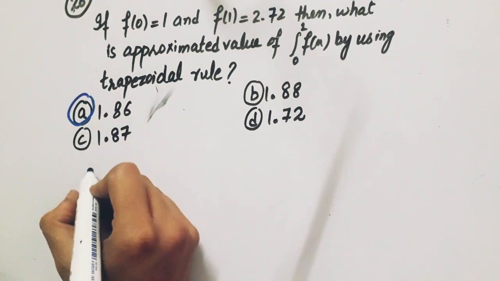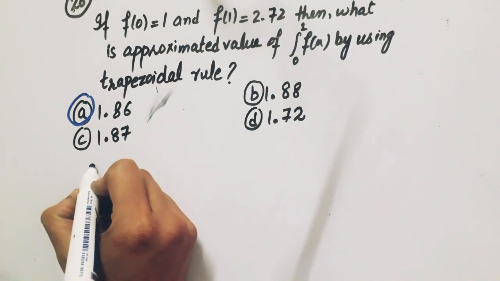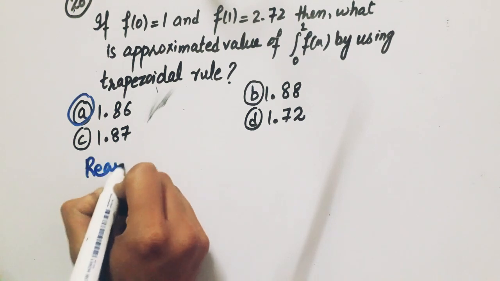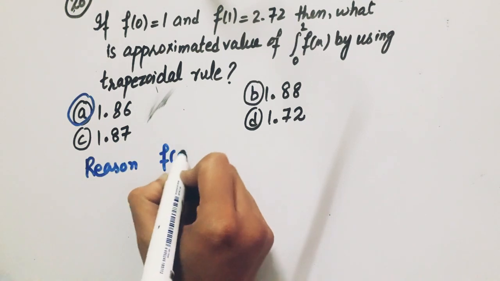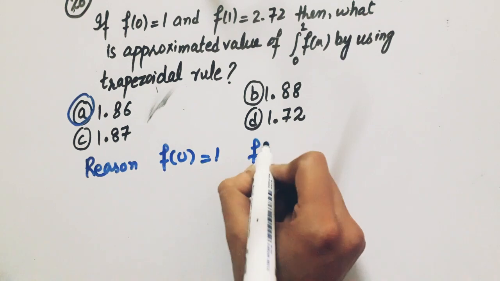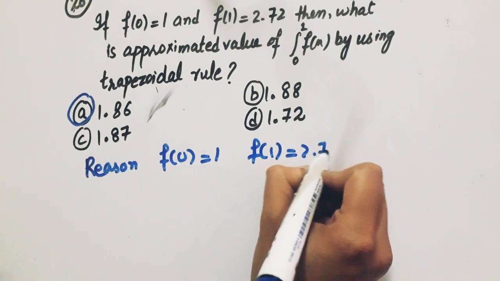And now what is the reason behind it? You have f of 0 which is equal to 1 and f of 1 which is equal to 2.72.